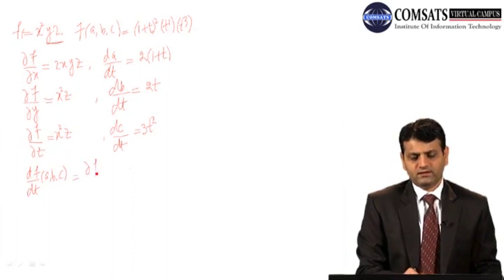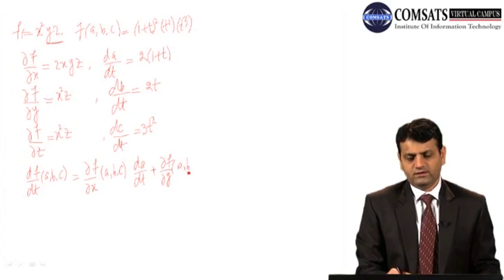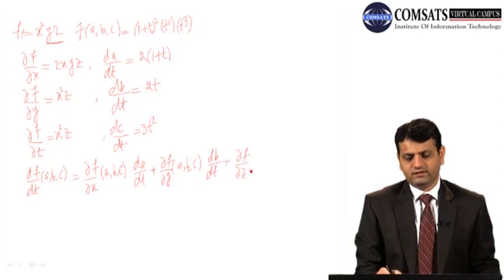Now according to the formula, what is dF by dt? It's basically partial f by partial x at ABC multiplied by dA by dt plus partial f by partial y at ABC multiplied by dB by dt plus partial f by partial z at ABC multiplied by dC by dt.